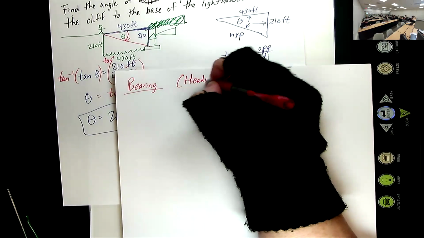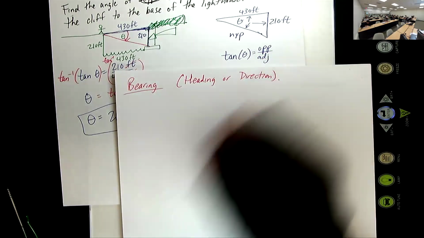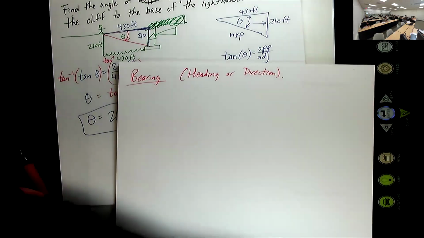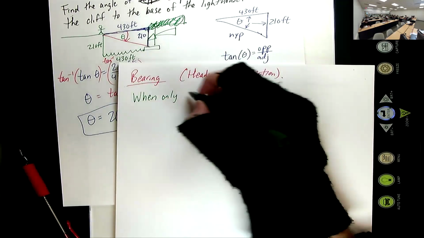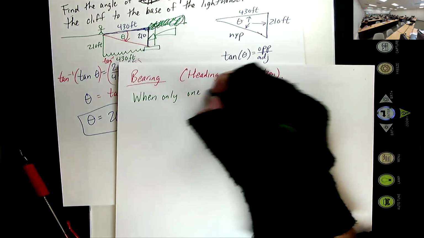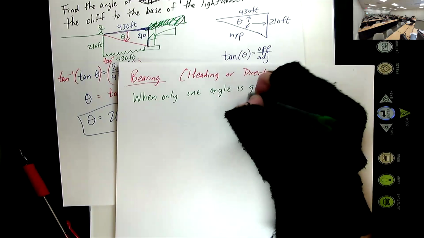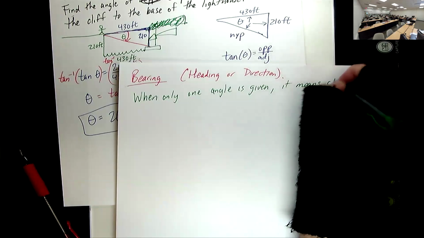Bearing is the equivalent of heading or direction. When only one angle is given, or when only one piece of information is given, it means clockwise from due north.